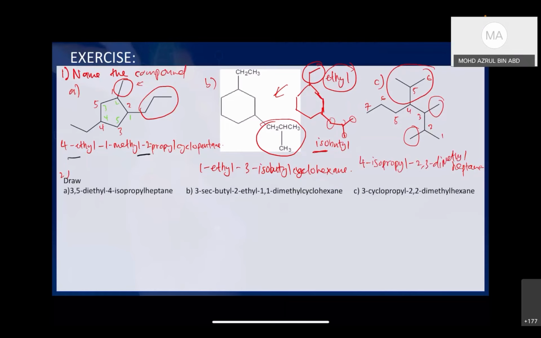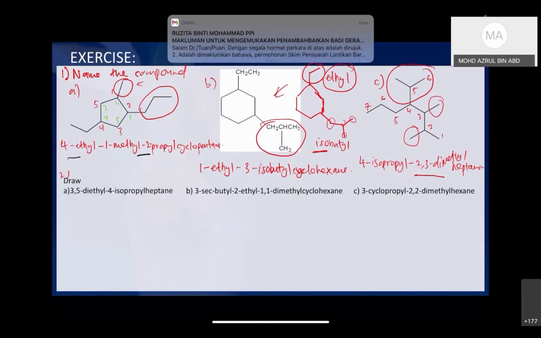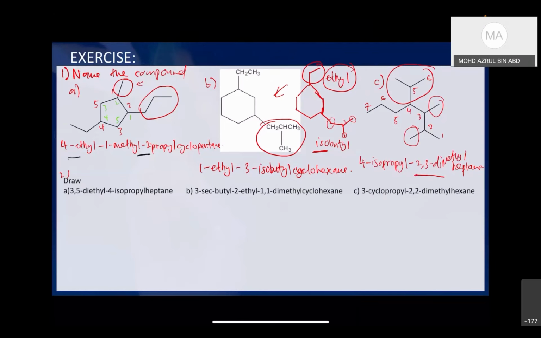This is different from the other answer, which said 2,3-dimethyl first. Why don't we put this first? Because the dimethyl is just a prefix, this is the correct name. So we need to put isopropyl first, I, and then this one starts with M, methyl. That's why we name it 4-isopropyl 2,3-dimethyl heptane.